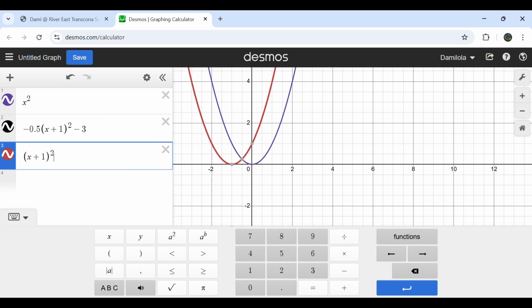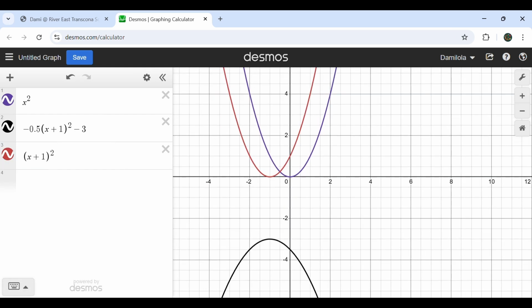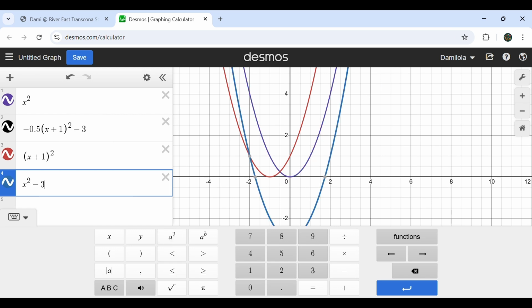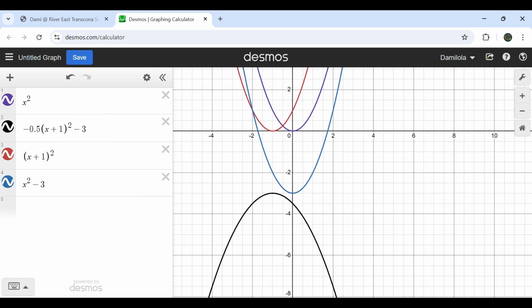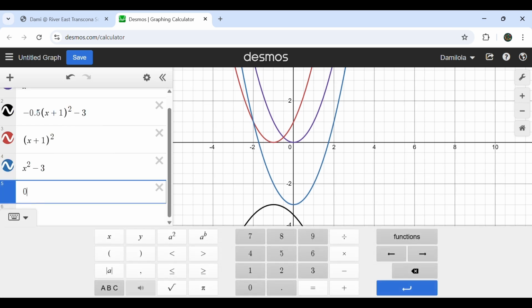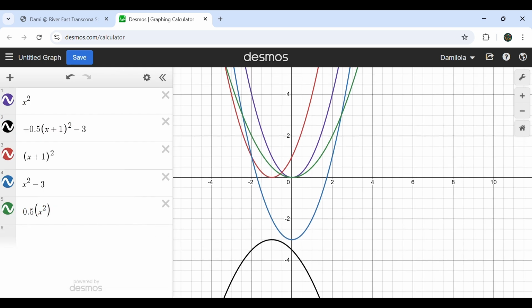Let's see it actually come to life. So let's start with x plus 1. Okay, we see it move to the left one. Then x squared minus 3. You see it drop down by 3.